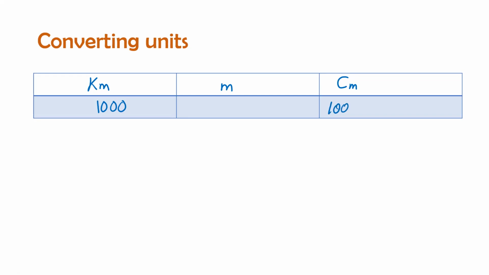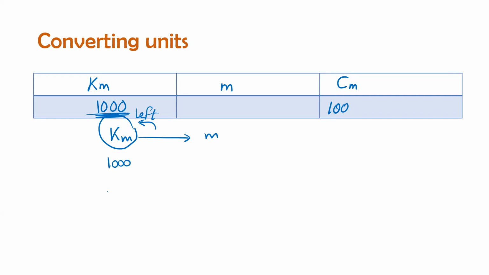If I want to change from kilometer to meter, what will I do? It will be times 1000. If I have kilometer on the left side of my equation, I write it as it is, 1000.